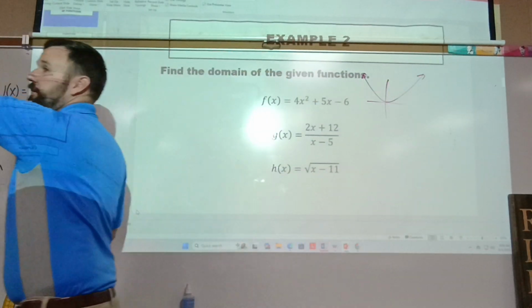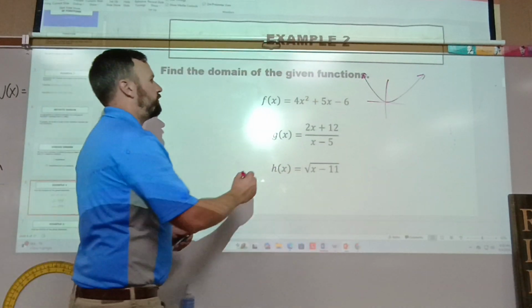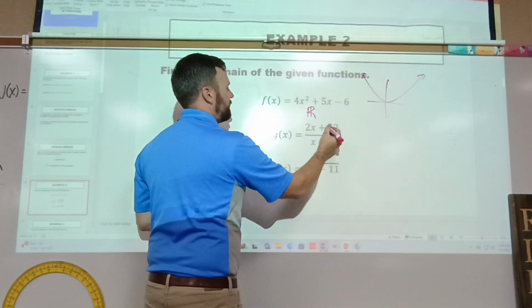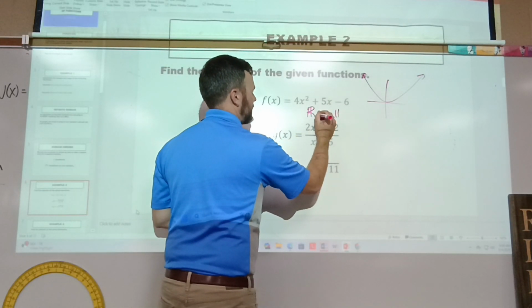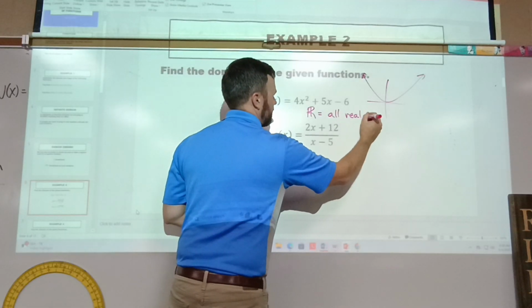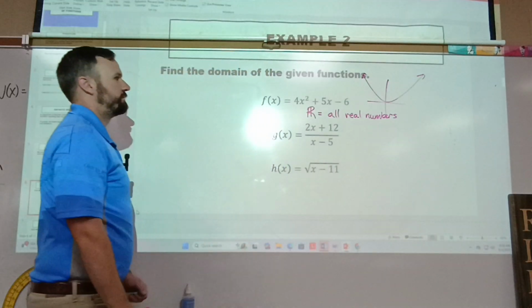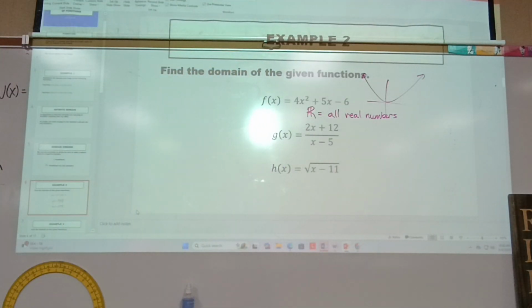So the domain of this, you put an R, or that's the same thing as all real. Okay? All real numbers. There's nothing I can't plug in because there's only 2 cases to worry about where it's not going to be all real numbers.